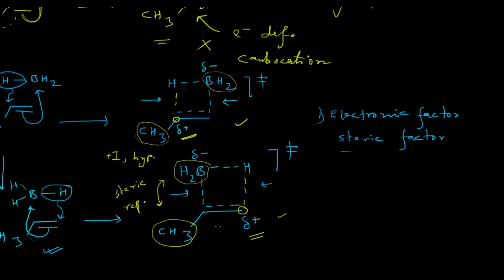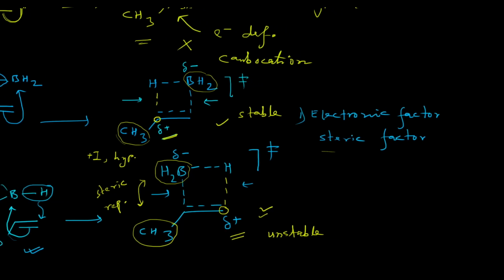Thus, in terms of steric factor, this transition state is also very unstable. So considering both the factors, we can easily see that the second transition state will be very unstable compared to the first transition state.